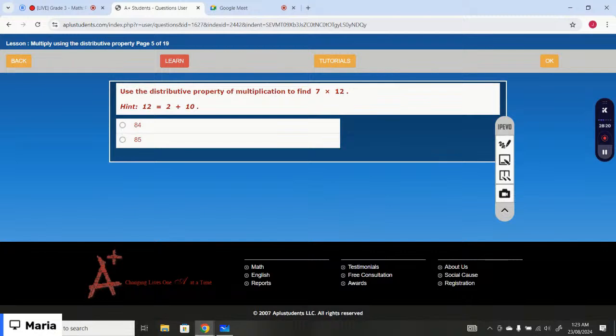The correct option is 84. It is option number 1 is the correct option, right? Okay, you can complete the lesson by yourself later today. These lessons are very important, right? So you must do the practice questions later today, right?